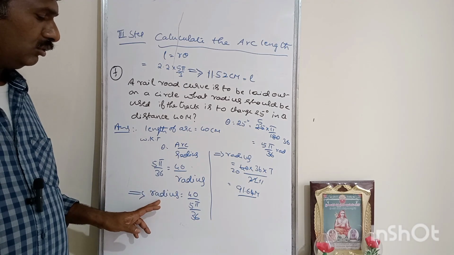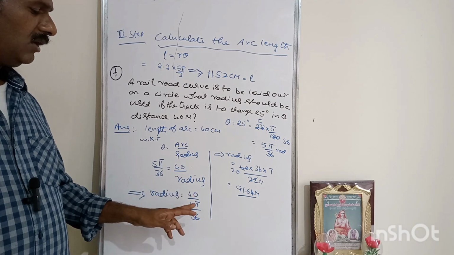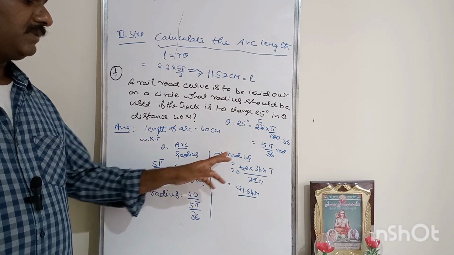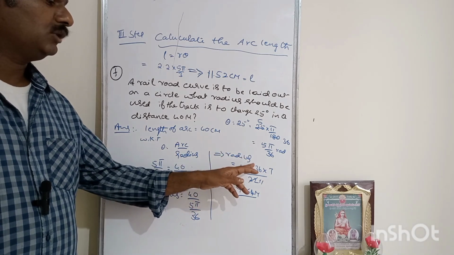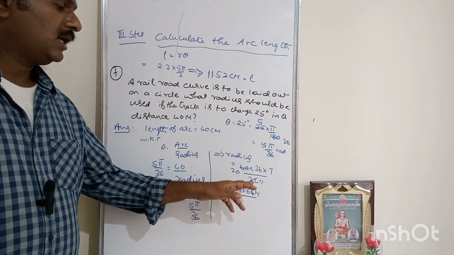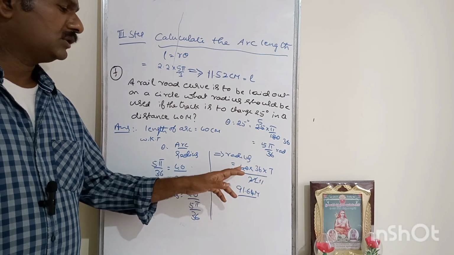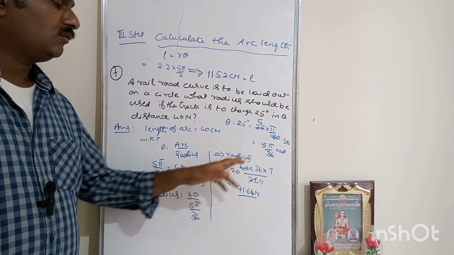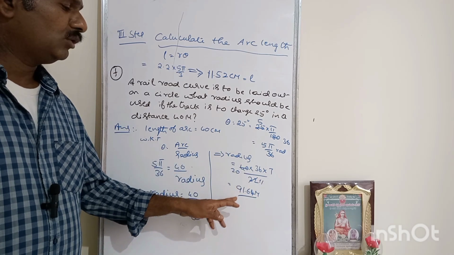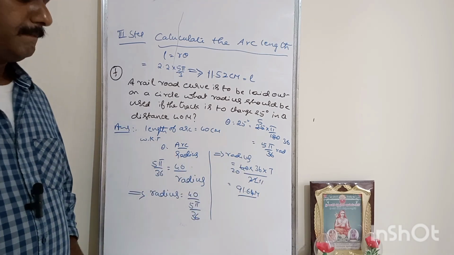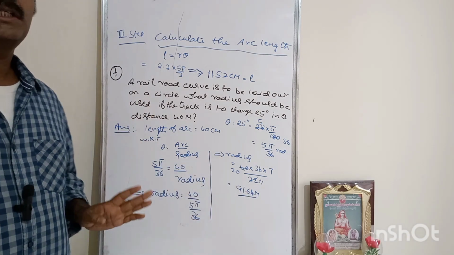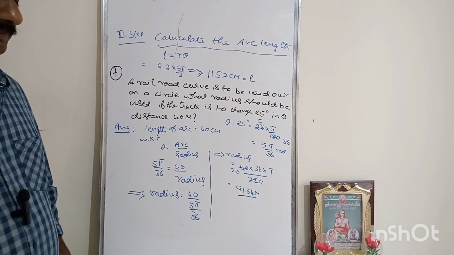That implies radius is equal to 40 by 5 pi by 36, that is 40 into 36 into 7 by 22 times 5. Solving all, we get 91.64 meters. Therefore, the radius is 91.64 meters.